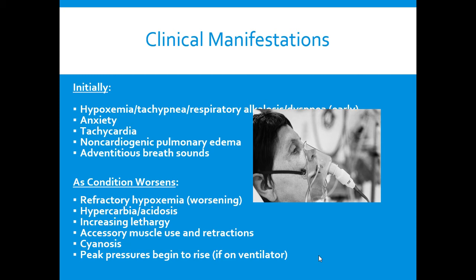Unlike the pulmonary edema you see with heart failure, there's no evidence of increased left atrial or ventricular pressure, which would indicate left-sided heart failure. That doesn't happen here. So that is why this type of pulmonary edema is referred to as non-cardiac.